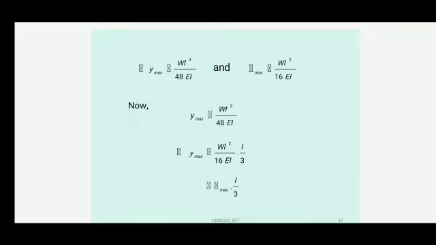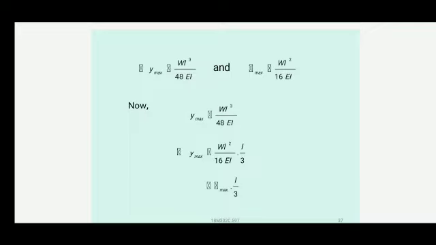The maximum deflection at the center, y maximum, is equal to W L cube by 48 EI, and the slope at ends is capital W L square by 16 EI.